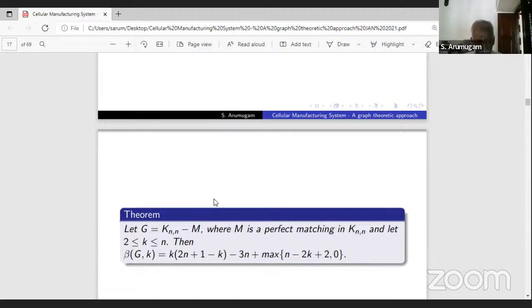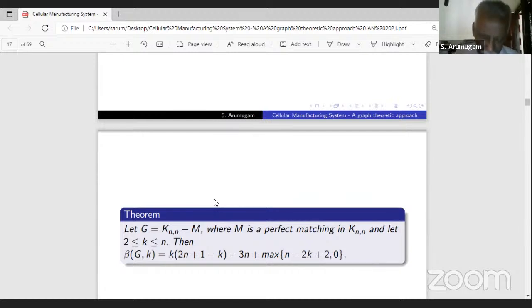So if you study this parameter, I denote it by the symbol beta(G, K, L): the minimum number of edges to be removed so that the graph becomes a disconnected graph with exactly K components, and each component has at least L vertices.